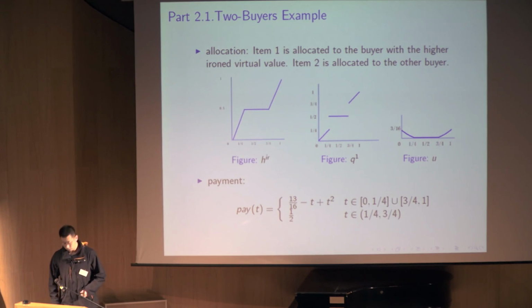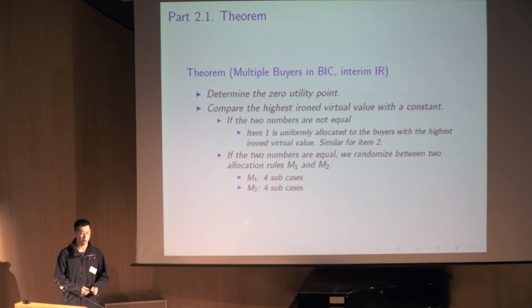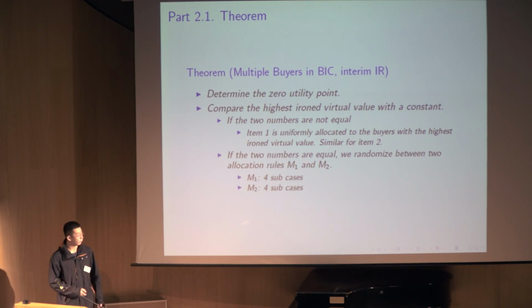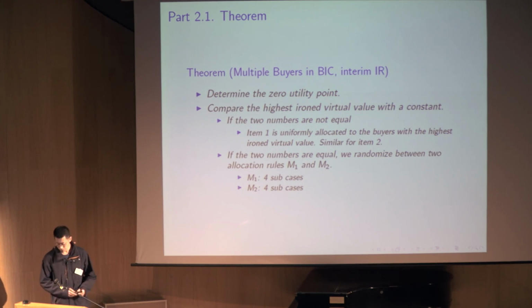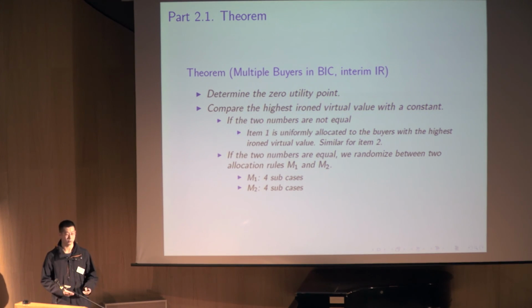For general distributions, here is the optimal mechanism. We first determine the zero utility point, and then compare the highest earned virtual value with a constant. There are many sub-cases to consider. After we have this optimal BIC and interim IR mechanism, we consider the second question: can we implement it in other forms?